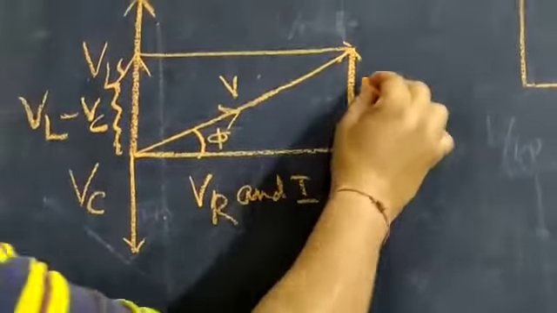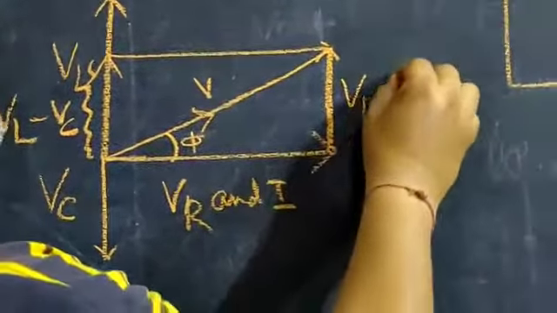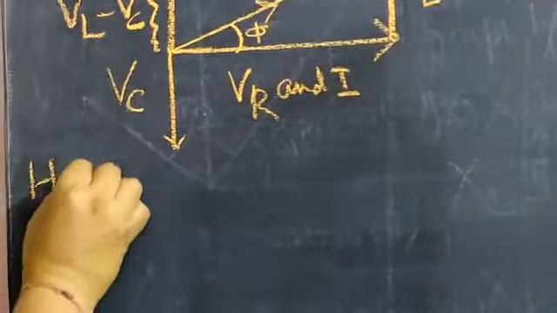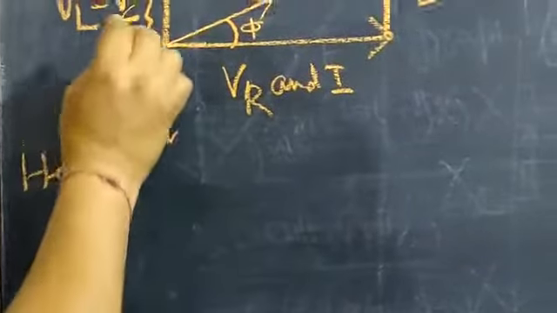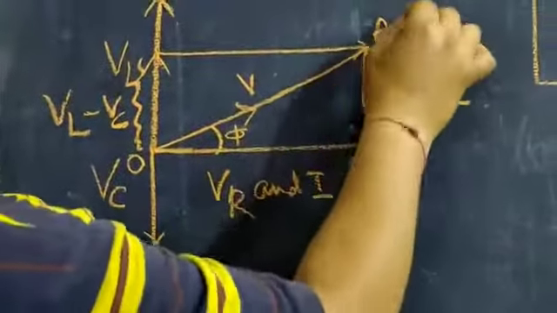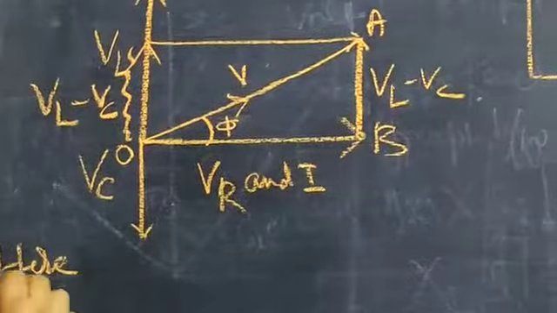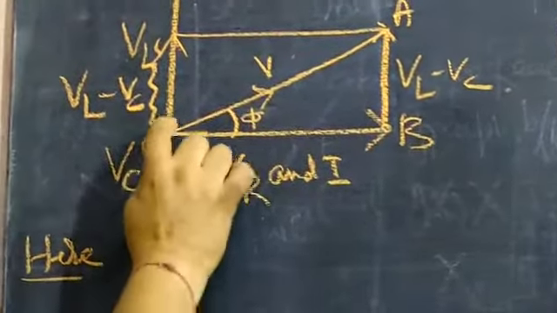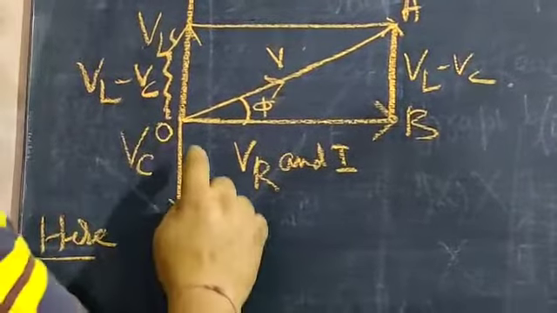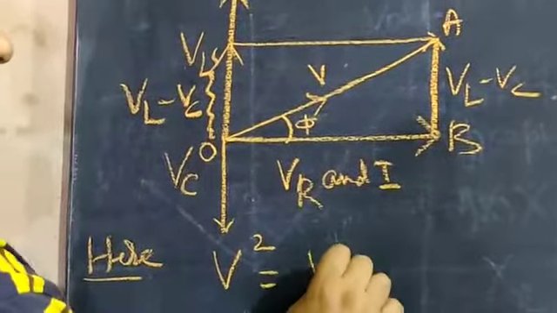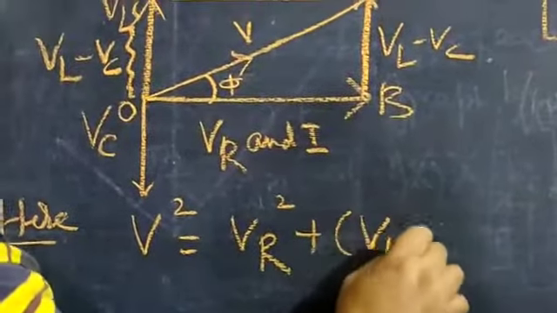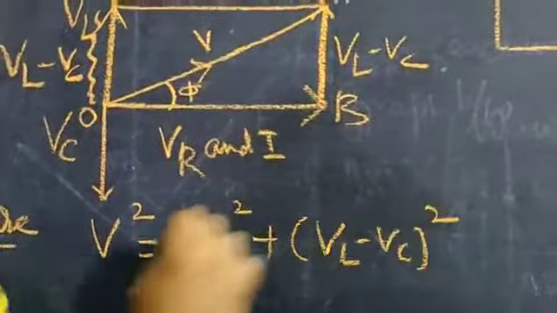Now, let this triangle be OAB. Here V squared equals VR squared plus (VL minus VC) whole squared.